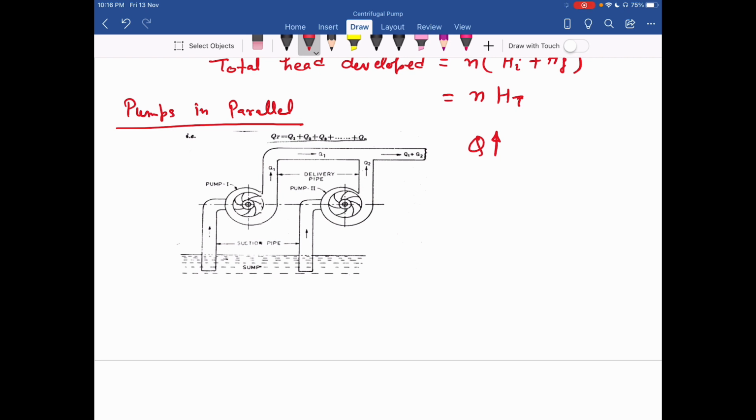Here you can see this is the common sump and the water is delivered to the common delivery pipe. Here the total discharge is given by the sum of the discharges of the individual pumps, so the total discharge I can write as Q1 plus Q2 and so on. So this is what happens in this arrangement.